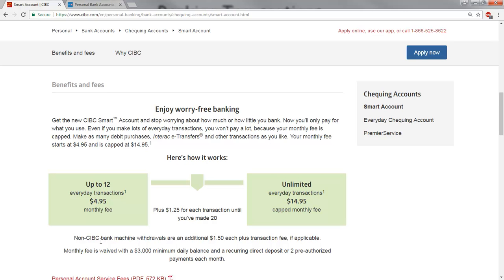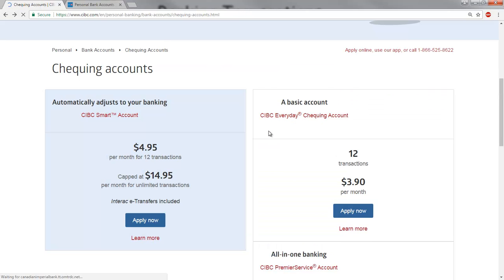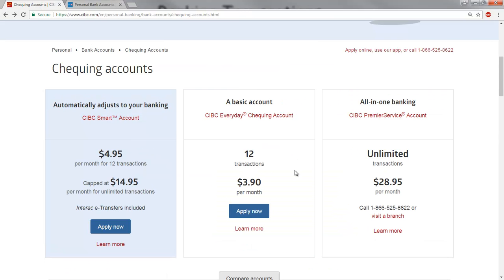See, it says non-CIBC banking machine withdrawals are an additional $1.50. So $1.25 plus $1.50, up to $2.75 per transaction if you're going to an ATM at a different bank. But it is capped at $14.95 a month. So if you made a lot of transactions, you're not going to end up paying $30 or $40 or $50.